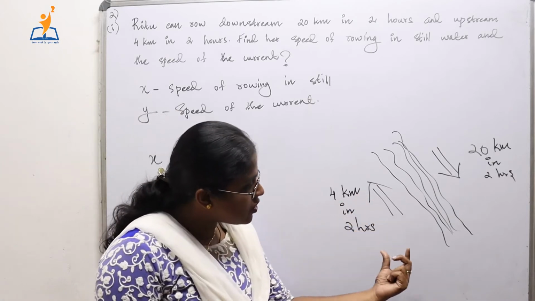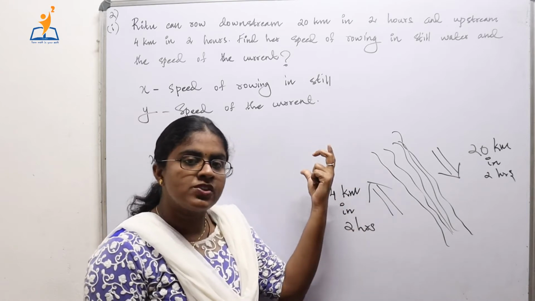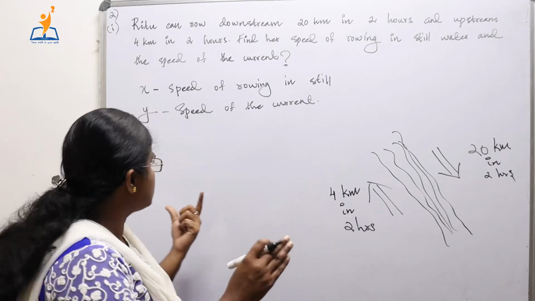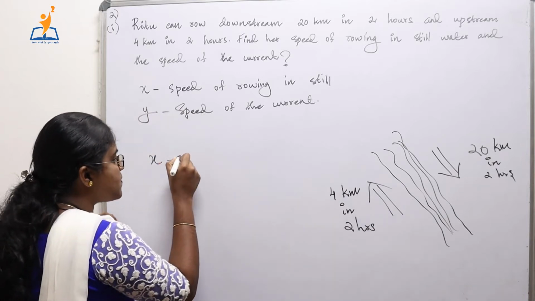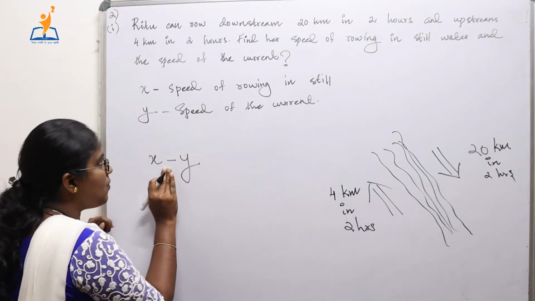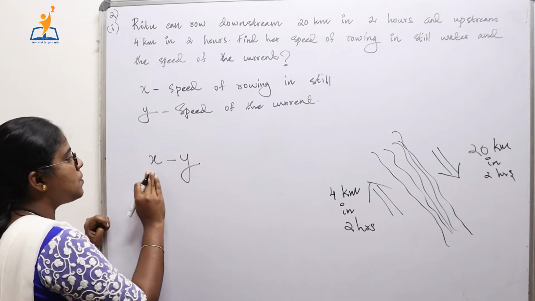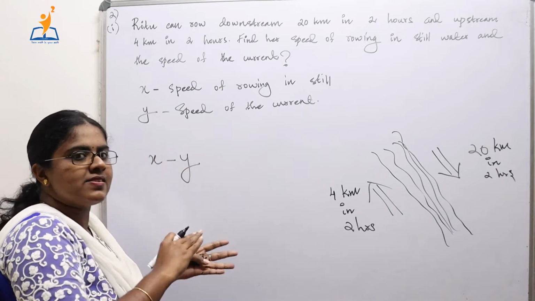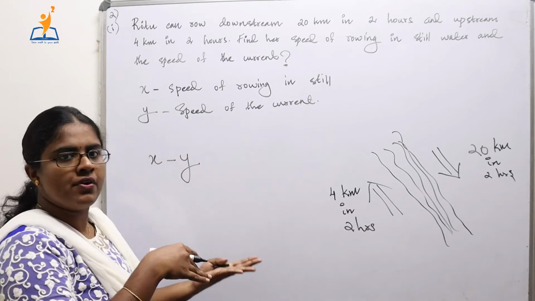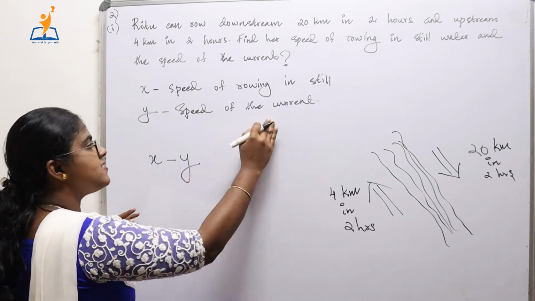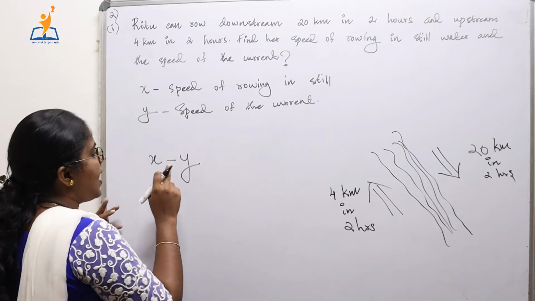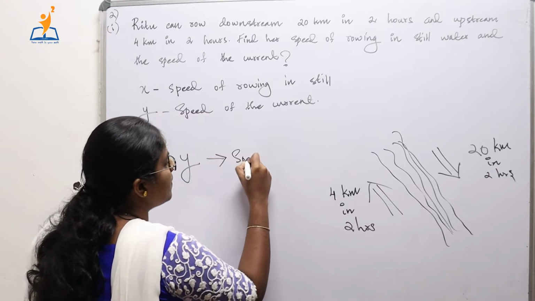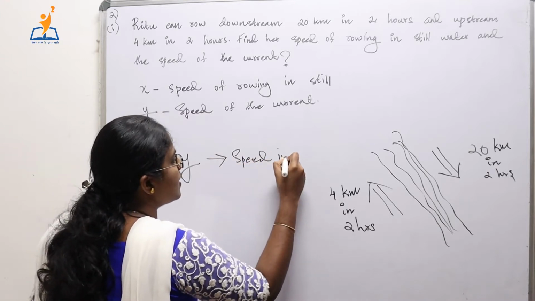And in order to row upstream, she has to row against the speed of the current. What is against? It means negative of y, against the speed of the current.